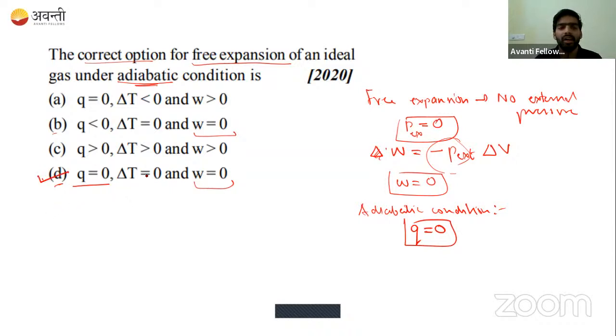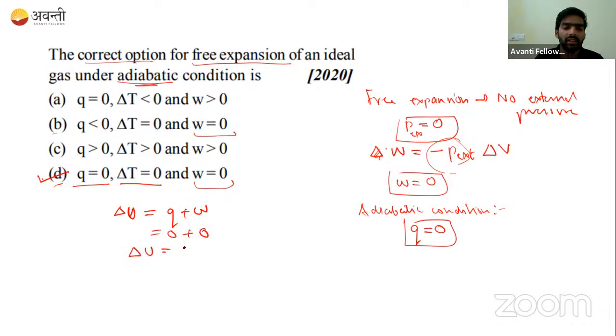Easy. And how does delta T become zero? Suppose we write the formula, the first law of thermodynamics: delta U, the change in internal energy, is equal to Q plus work done. If work done is zero and Q is zero, then the change in internal energy will be zero.